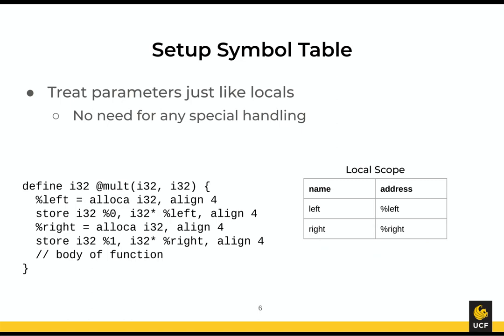In fact, if somebody tries to define a local variable of the same name as a parameter, that should be a type error, just like it is in C. This is the exact same code from the last slide, but now this is what your symbol table is going to look like once you set up your parameters. Questions on this? So then we're not going to deal with pointers and whatnot, right? No, not unless you want to. We won't deal with pointers.